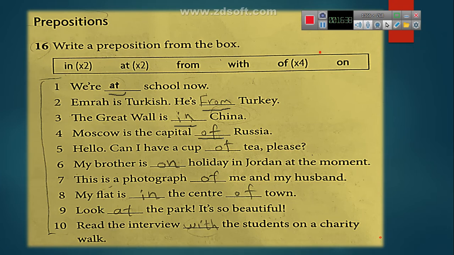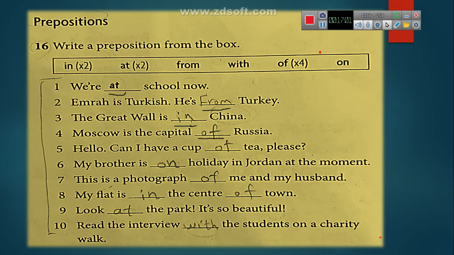So Moscow is a capital of Russia refers to possession, as well as it expresses part of a group. When we say this paper of the book, for example, or this is as well.